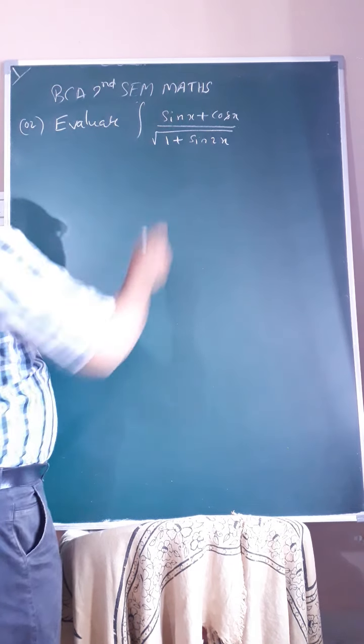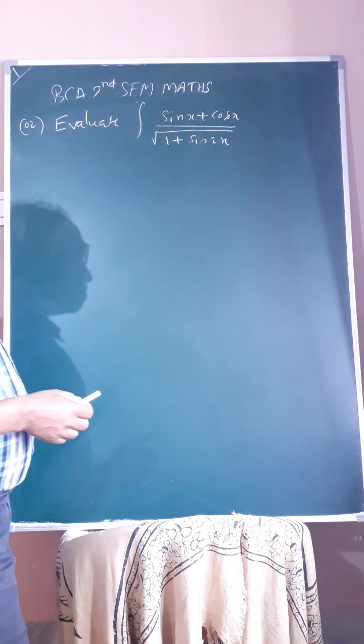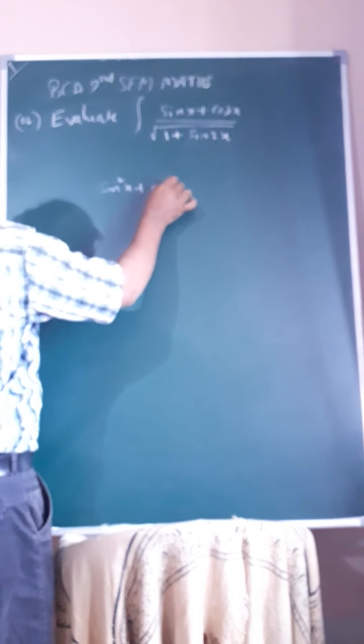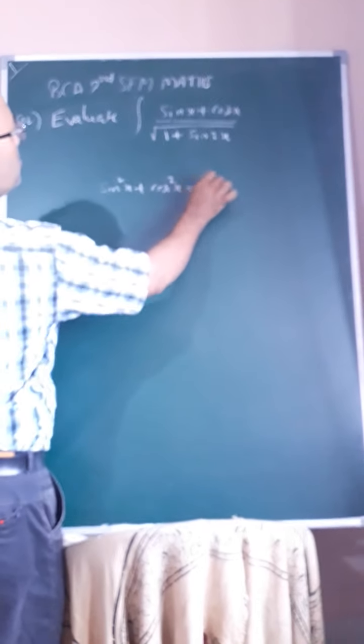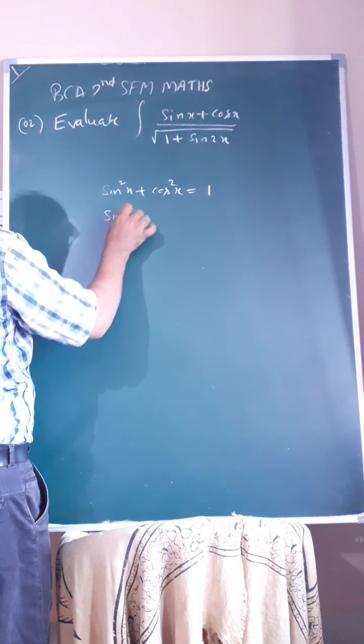Now yesterday I told you already, 1 can be written as sin square theta plus cos square theta, or sin square x plus cos square x. That is, sin square x plus cos square x is equal to 1, and this sin 2x can be written as 2 sin x cos x.